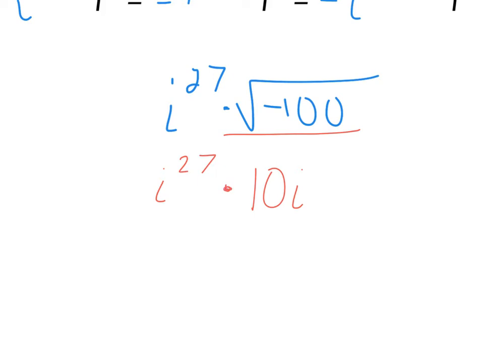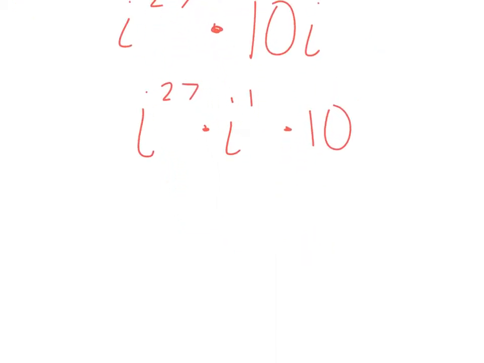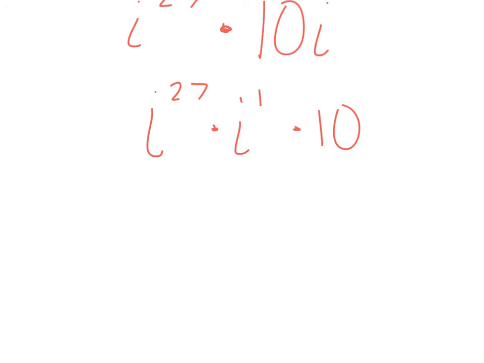But I'm really multiplying I to the 27th times I to the first times 10, which is the same as I to the 28th times 10.